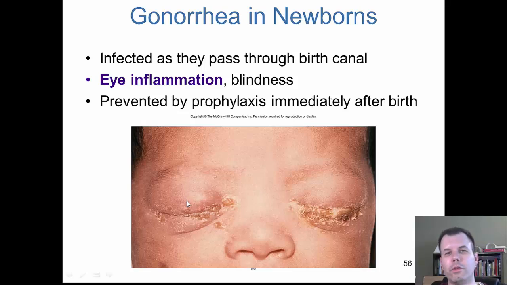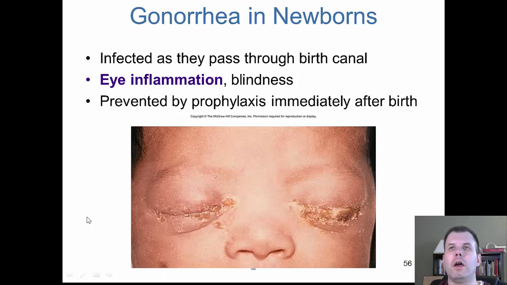And so, one of the reasons why babies get eye drops after a natural delivery, and probably even after a cesarean, is that they want to make sure that any bacteria and pathogens they may have been exposed to coming out of the birth canal are eliminated from the eyes so that they don't have to worry about blindness. So obviously this is a very severe case that was caused by a delivery where mom probably didn't know that she had an STD, and now the baby has it and will probably have blindness in this situation.